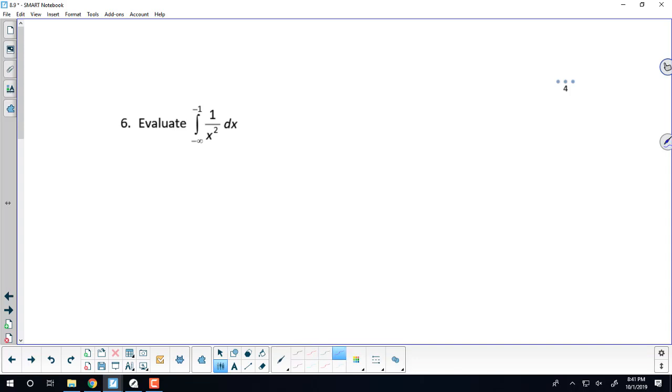You see the issue is the negative infinity on the lower limit of integration. So we're just going to call that a or t or whatever. It doesn't really matter. From a to -1 of 1 over x squared dx. And then we're computing the limit as a approaches negative infinity.